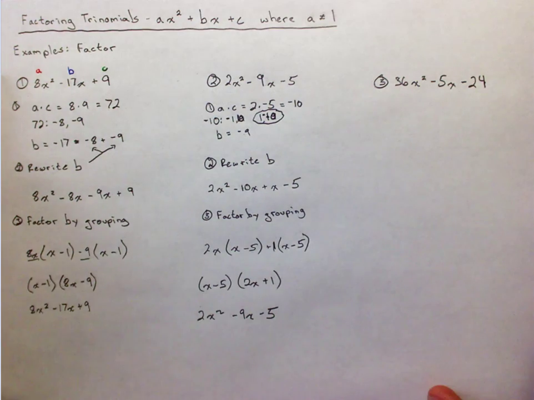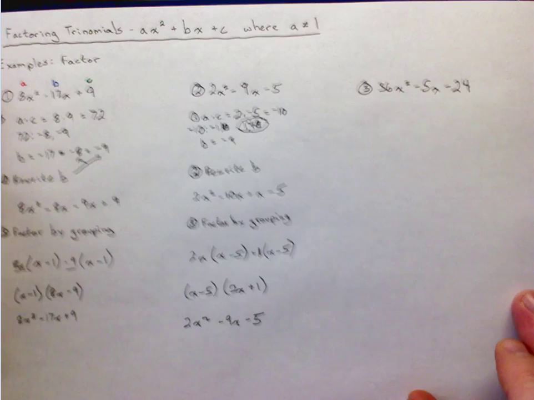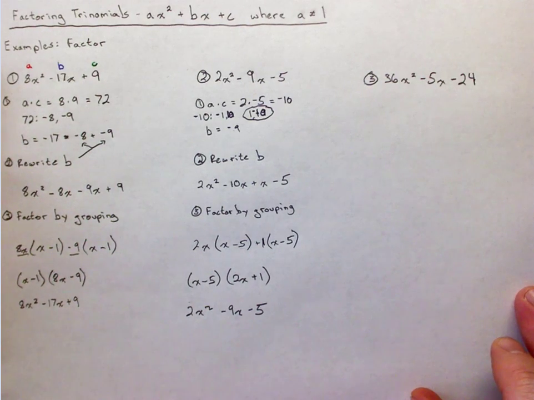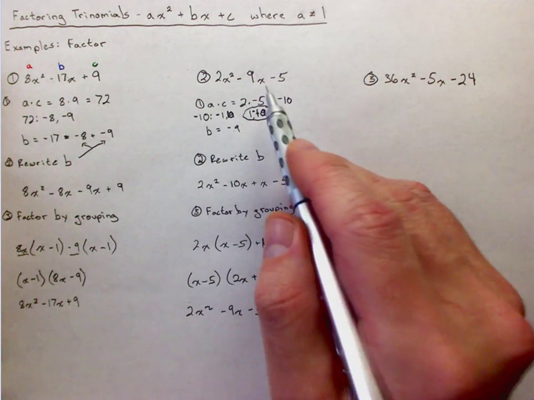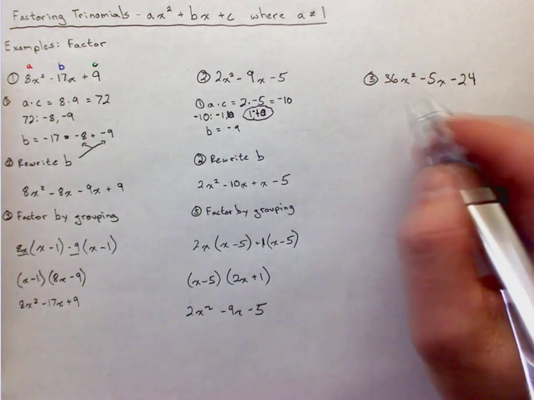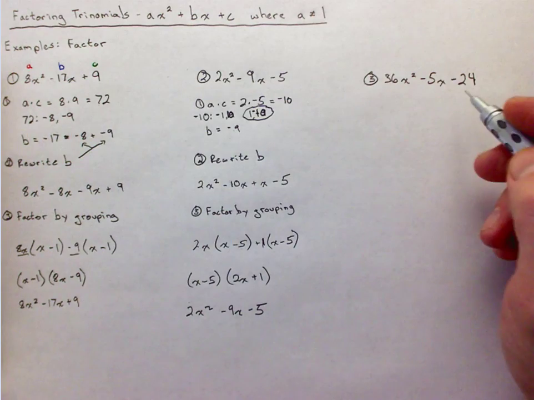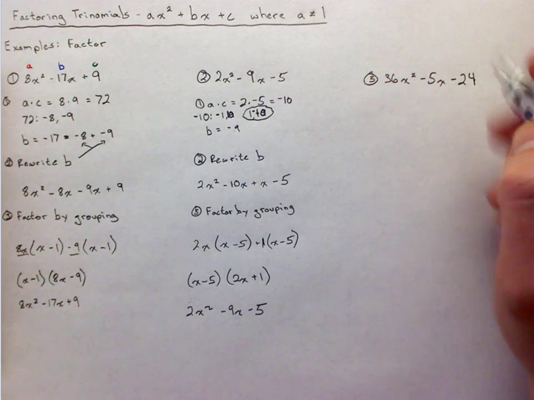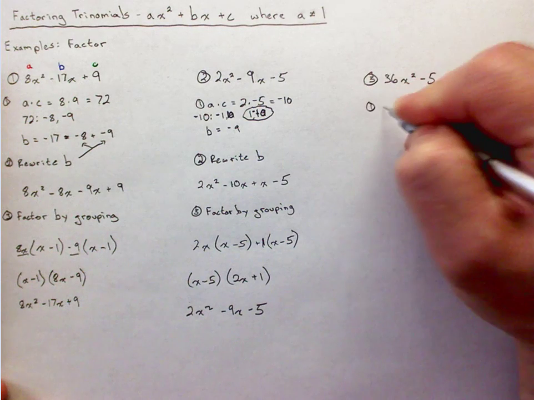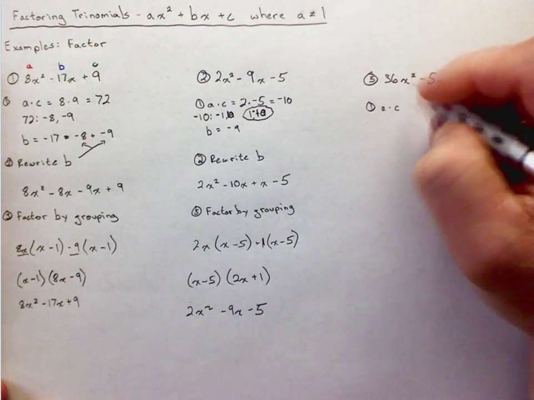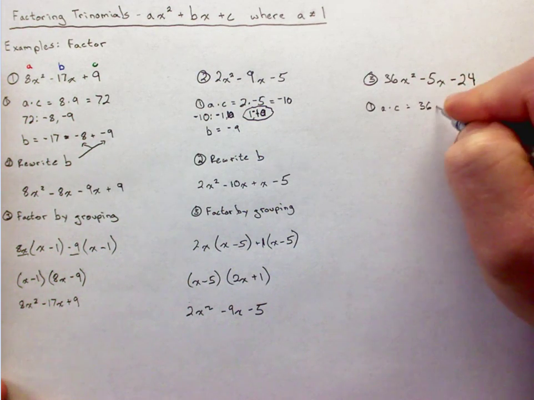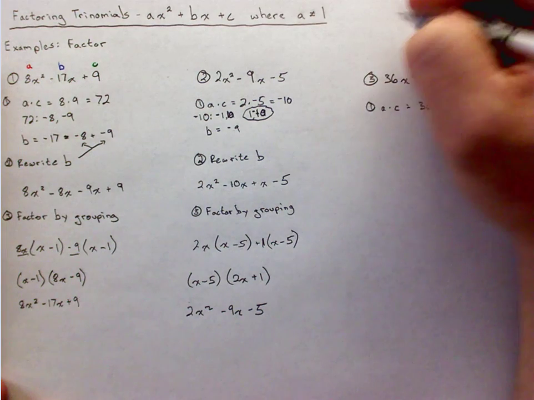Alright, I chose this one to show you why this is the best way to do it unless you see the numbers. This method can still be very difficult. So step 1, I take A and multiply it by C, which means 36 times a negative 24.